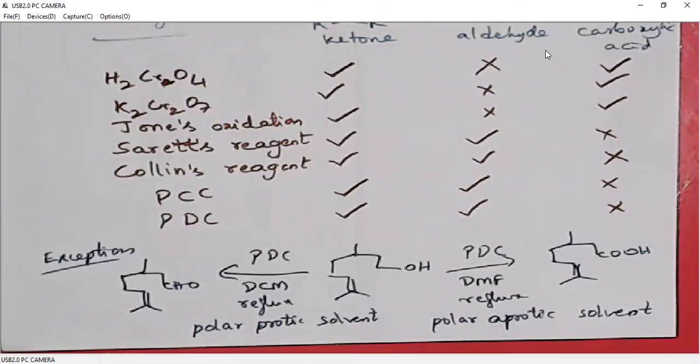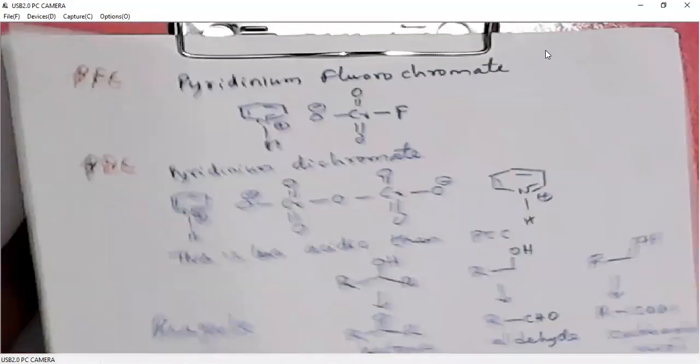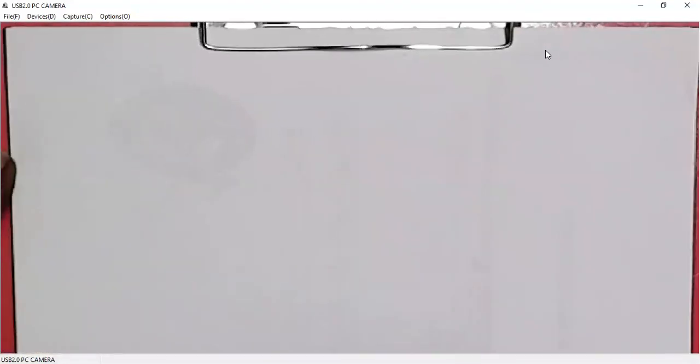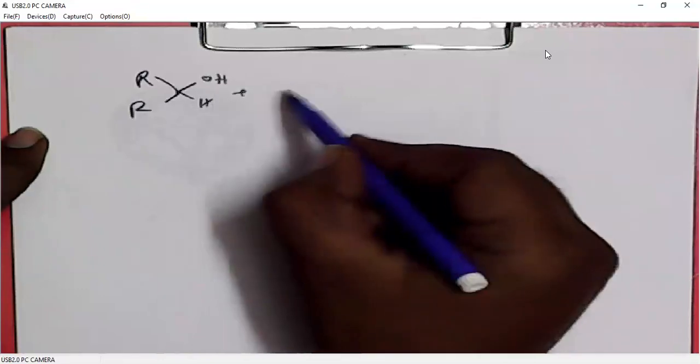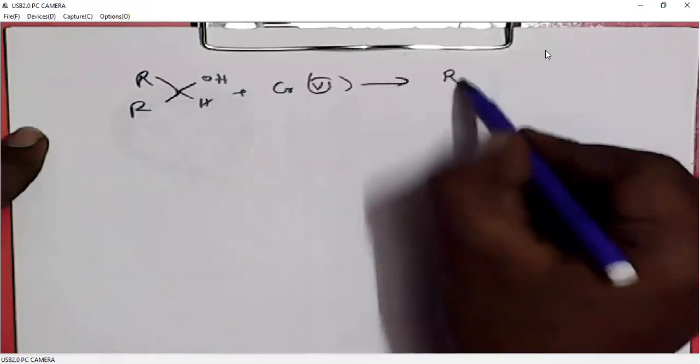But I'm changing this. When we look at the mechanism of chromium 6 reagents, they will oxidize an alcohol to carbonyl.